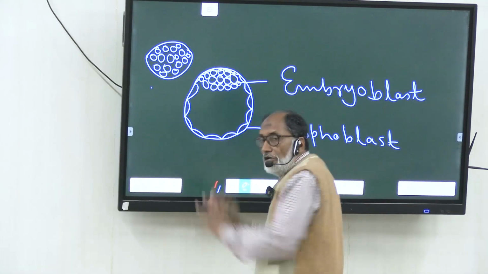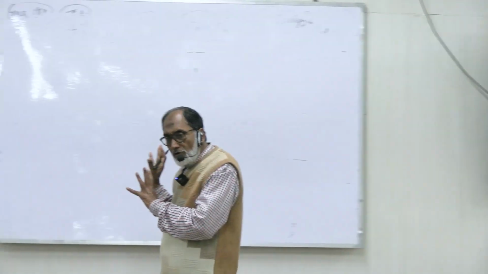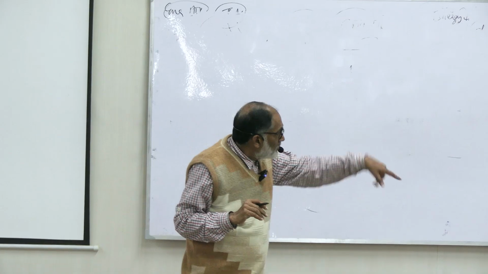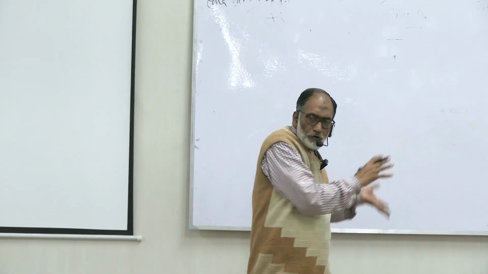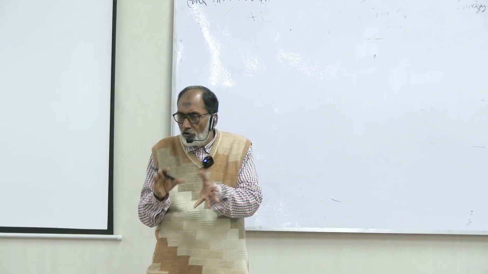From these cells, the embryo will develop. That's why it is called embryoblast. And the peripheral cells, trophoblast, are extraembryonic cells; they are not involved in the formation of the embryo.